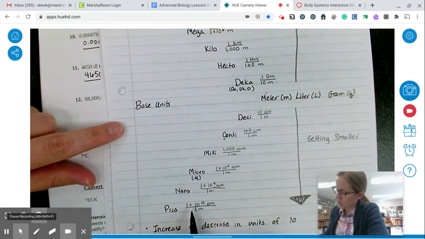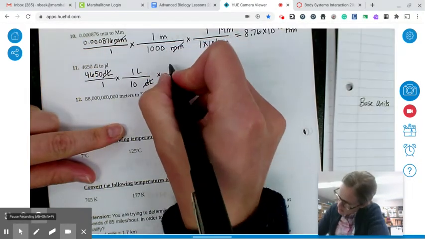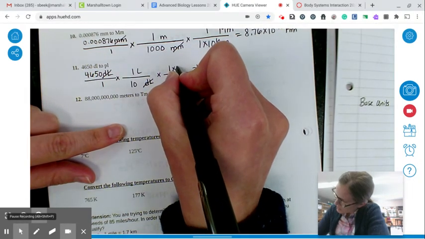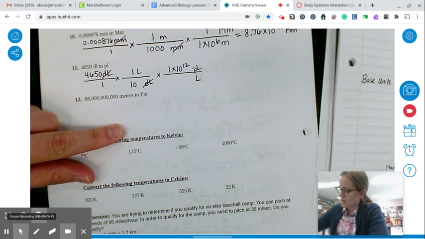So I'm looking up pico, which is 1 times 10 to the 12th pico. So that's going to go on top with where I put pico. And then 1 on the bottom.